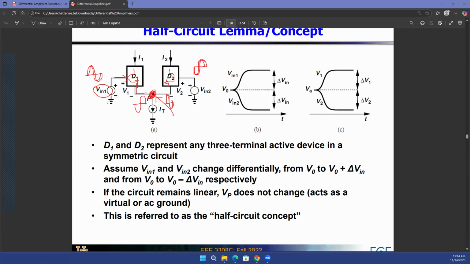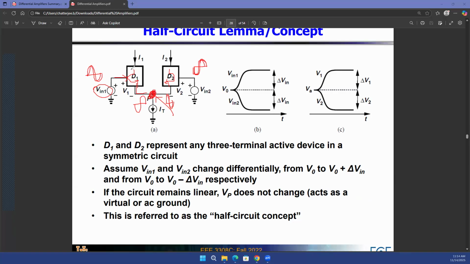You have the positive sine wave on the gate on the left side, and the negative sine wave on the gate of the right side. At the common source of those two transistors, you have both the positive sine wave and the negative sine wave at the same time. When you add the positive sine wave and the negative sine wave, what do you get? You get zero, no AC. So this point P has zero AC voltage.